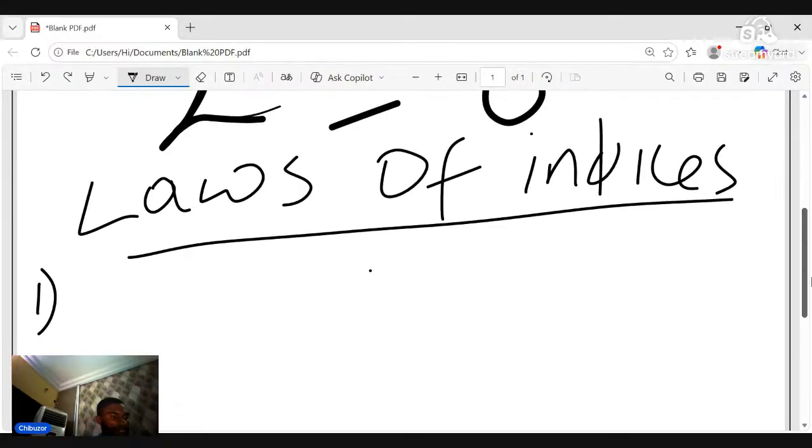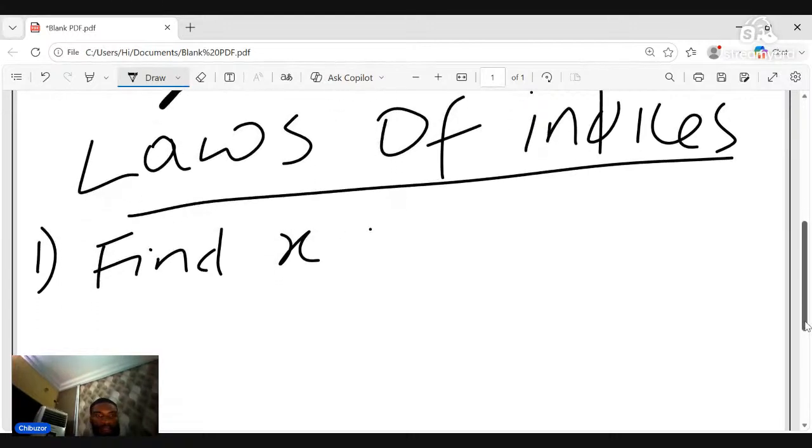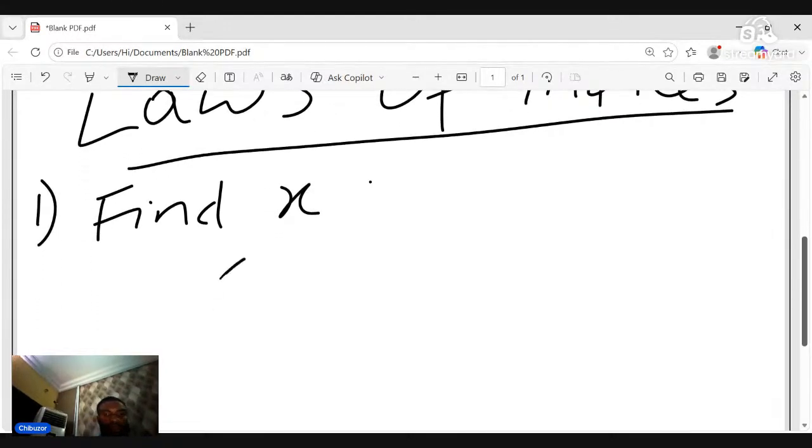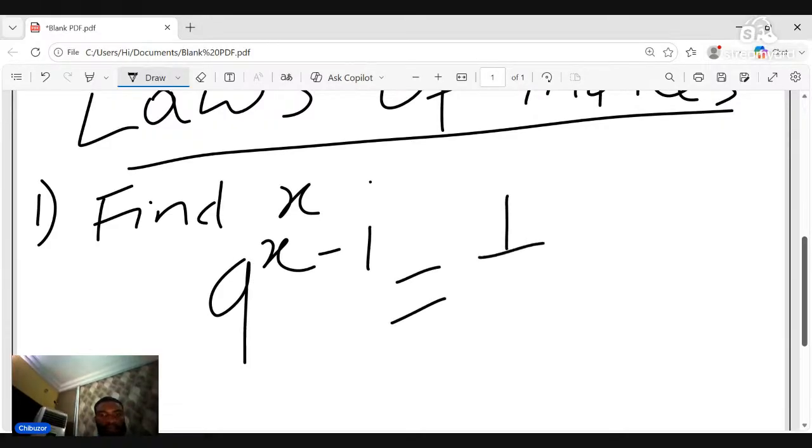Example of this, we'll see equations like find x in this equation. Here we are facing equations that require fractions.